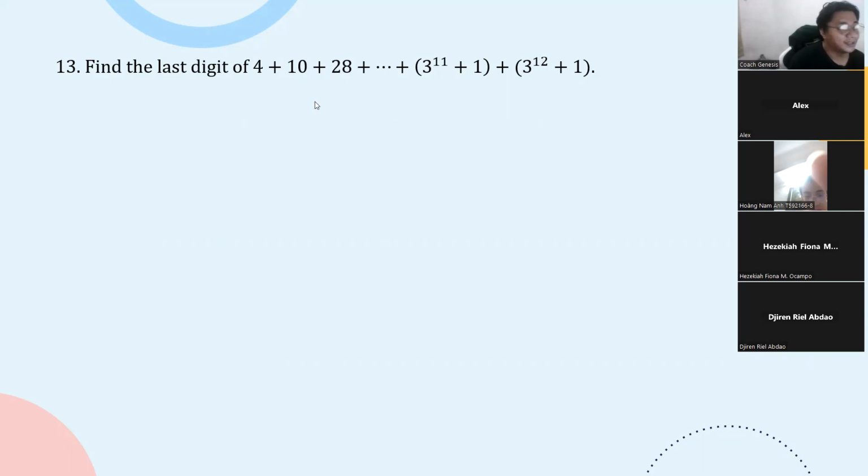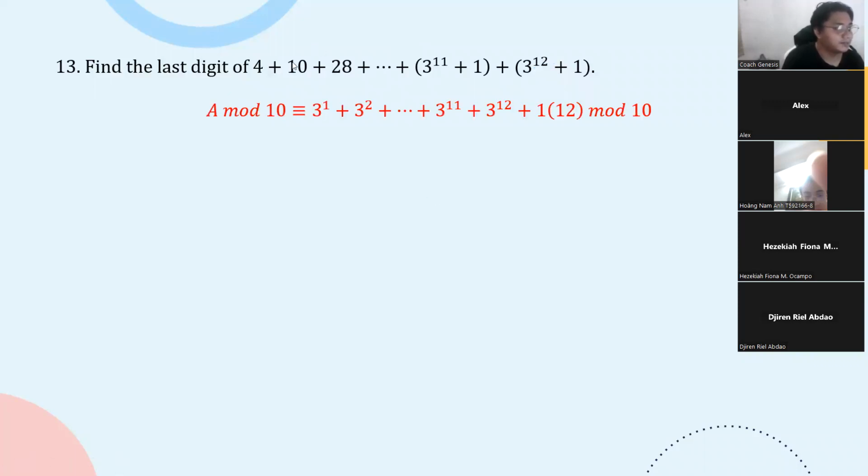The main trick here is that we just have to follow this form. You have 3 raised to n plus 1, where n starts from 1 and ends with 12. That means we have 12 addends. We then group all the powers of 3 from 1 to 12, and then we group all of the ones.